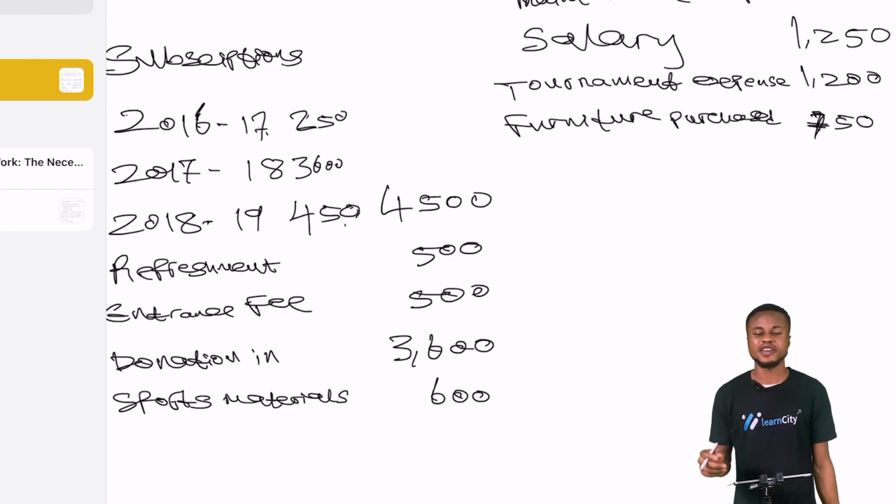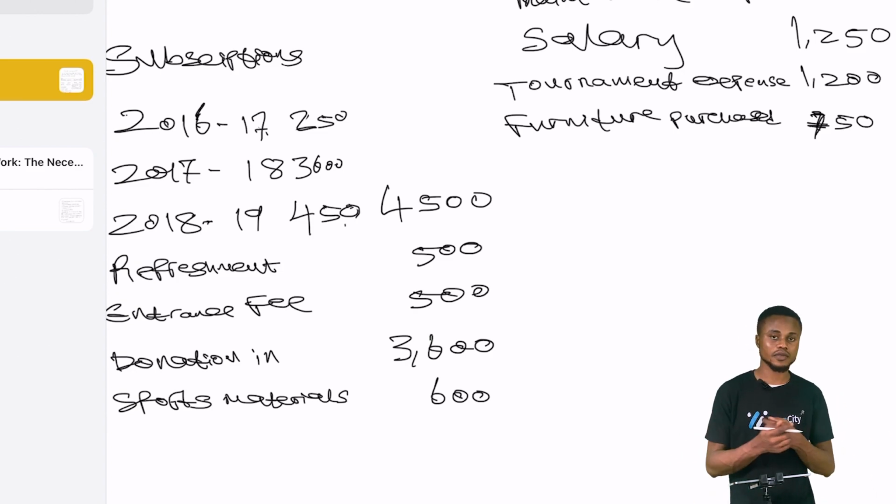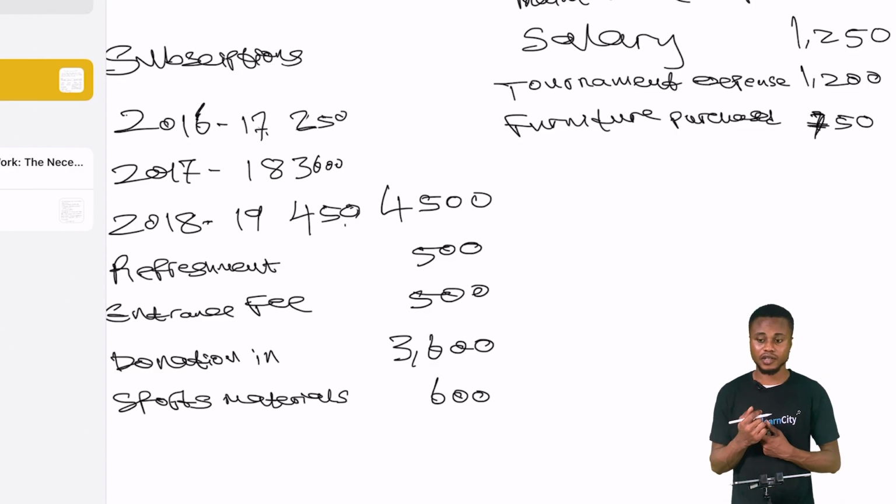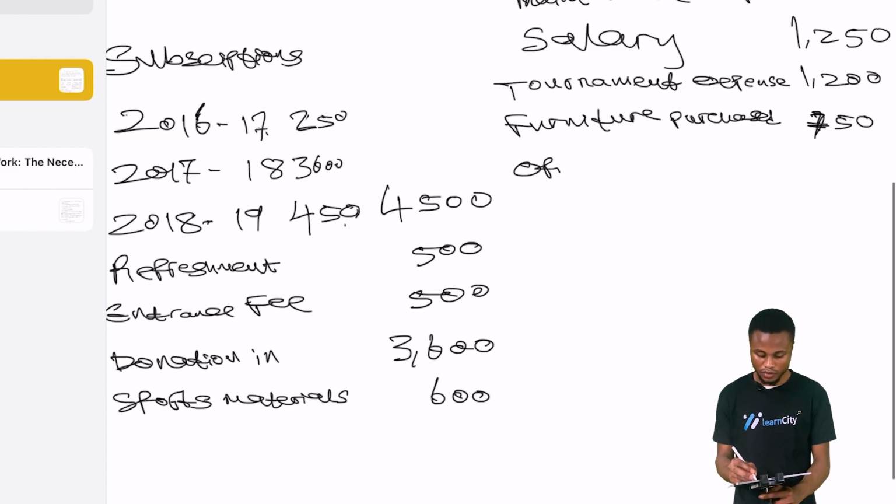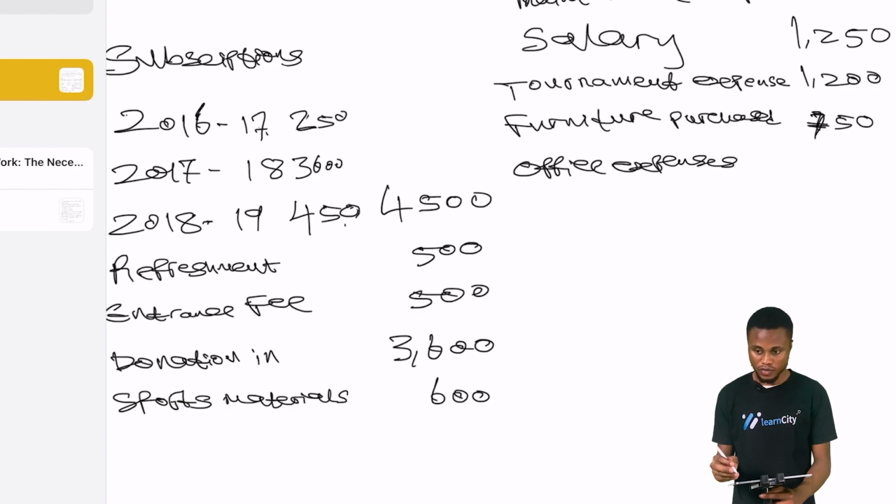And also, in running their endeavor, the expenses in their offices, of course, they have to get different kinds of items. All these expenses will be on the credit side. So office expenses, which is 600.